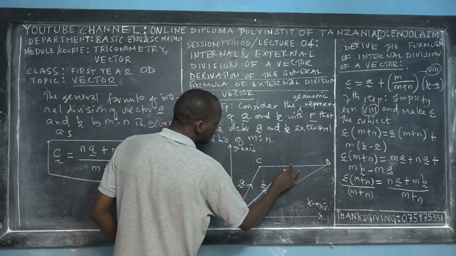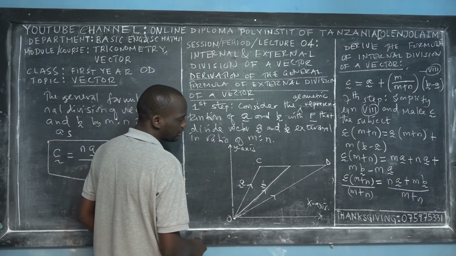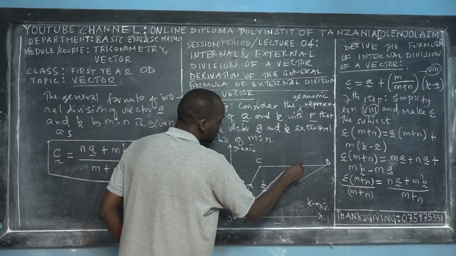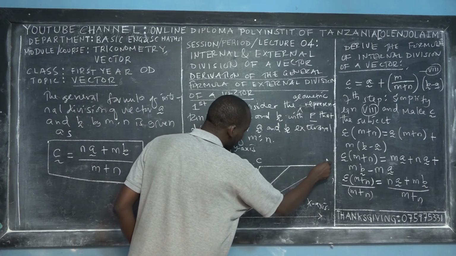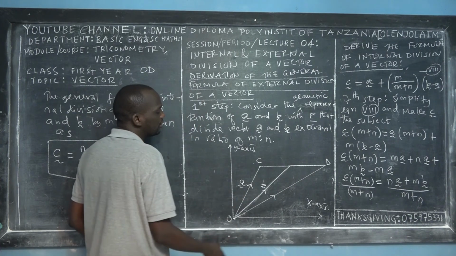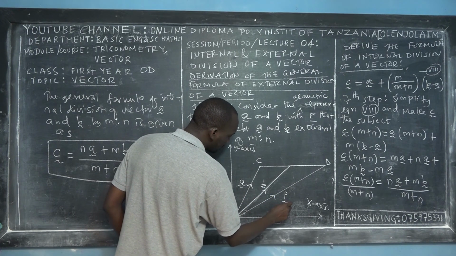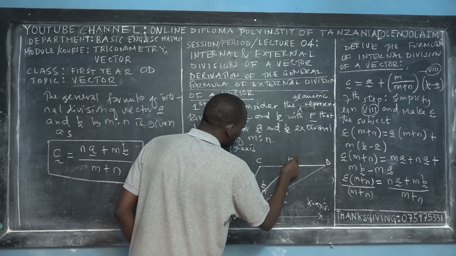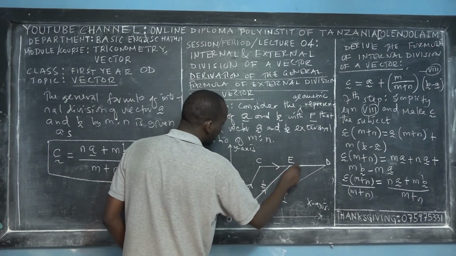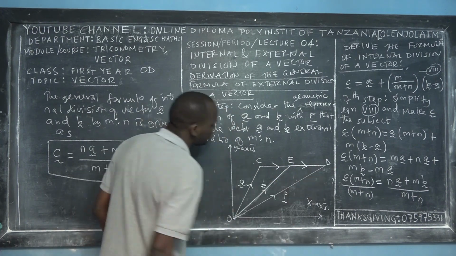If we erase these lines, these are the two position vectors, and the vector that will divide A and B externally is this one, which we let be vector P. Suppose also here we have a point E, and the initial point of the vector is the origin, and the final point is point D.